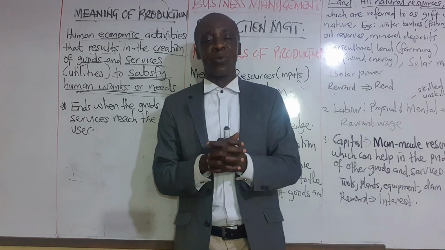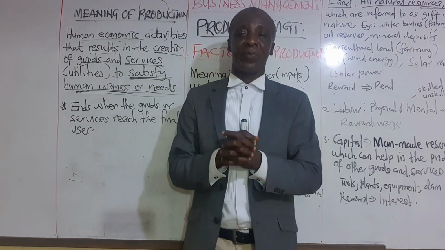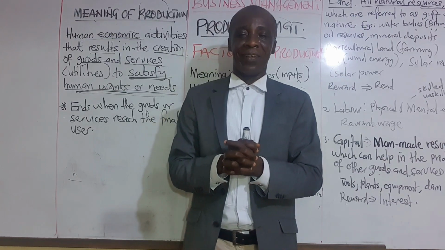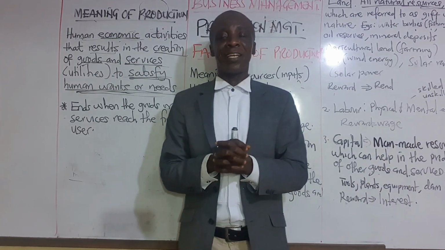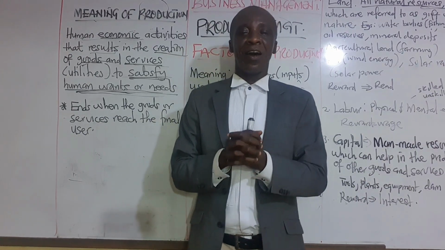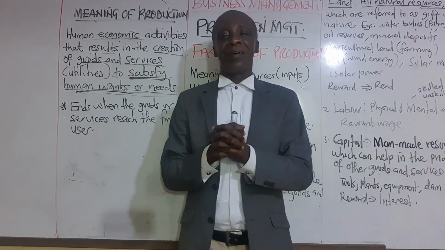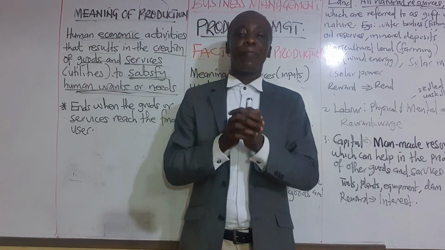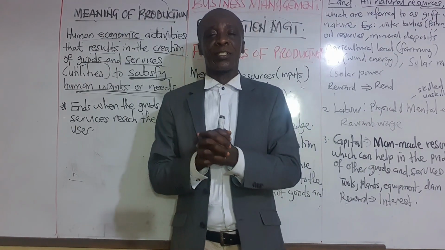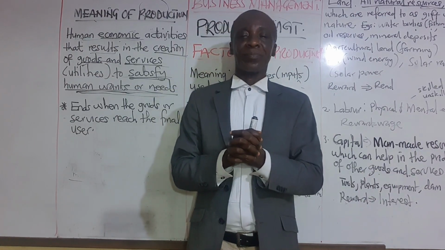And we learned when we were talking about entrepreneurship that the human capital, the knowledge, the skill, the ability, the expertise of labor is even more important than the physical resources that we see.